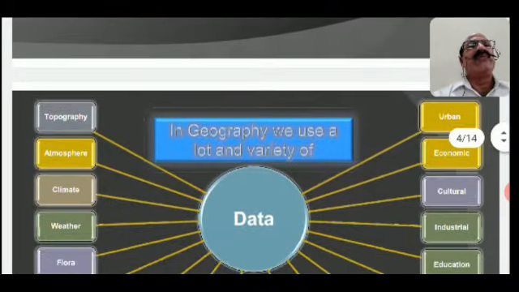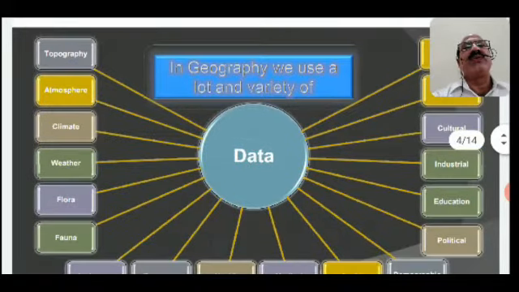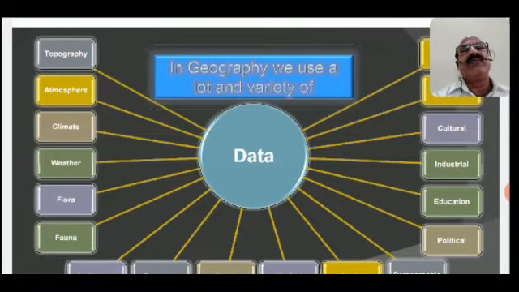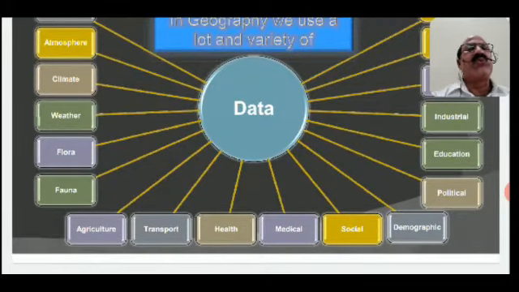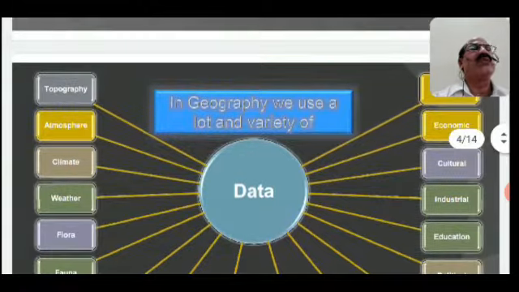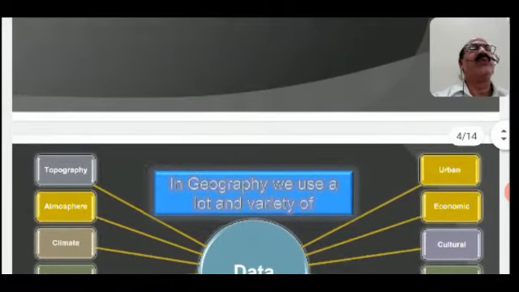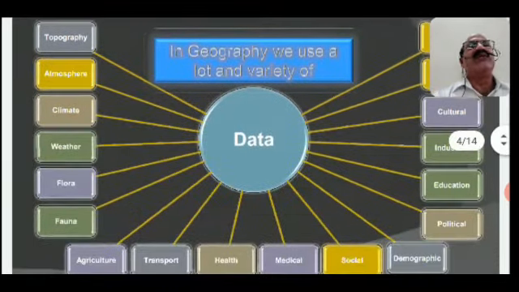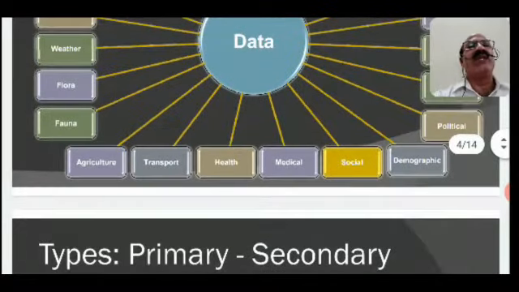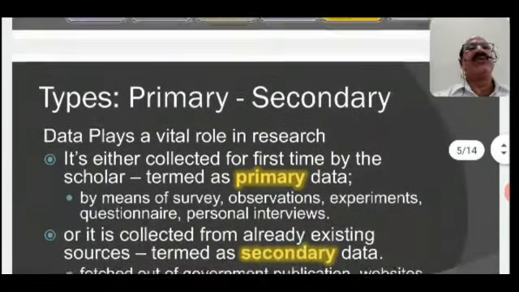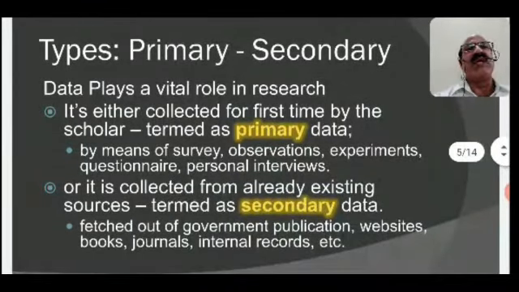So we have topography, atmospheric conditions data, extreme events, climate data, weather data, flora, fauna, then agriculture, transport, health, medical, social, demographic, political, education, industrial, cultural, economic, urban, settlement, whatnot. You pick up any aspect, we can collect some sort of data to use in understanding the geographical scenario of that particular area or in a time frame.